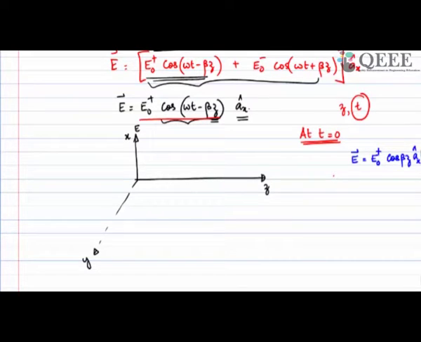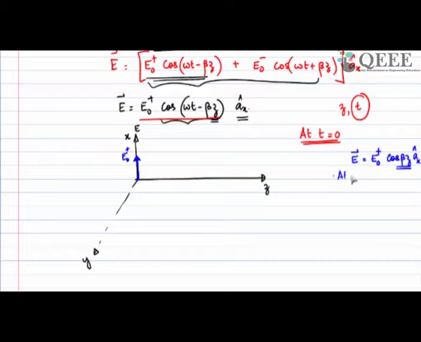So I have to plot a vector which is directed along the x direction, varying along the z direction as cos beta z. So at z equal to 0, what is happening? I have E naught plus cos 0, which is 1. So it has a magnitude E naught plus, let's say this is the length of the vector whose magnitude is E naught plus, and the direction is along the x axis.